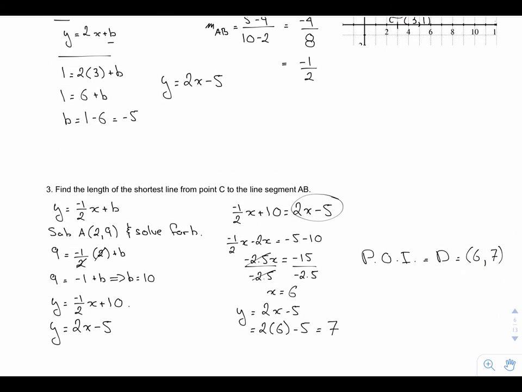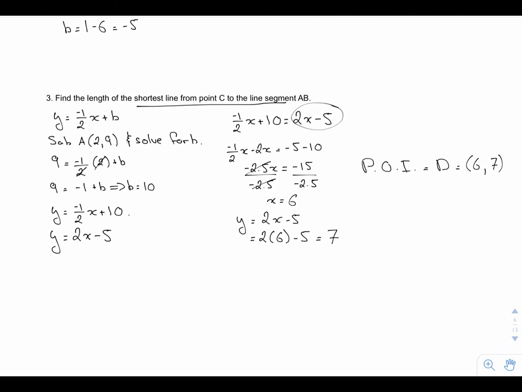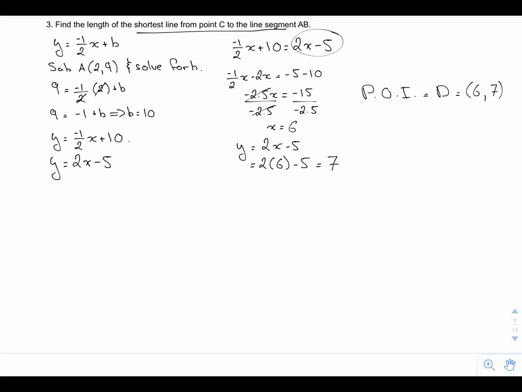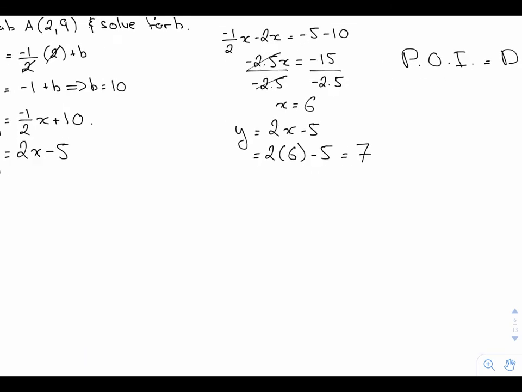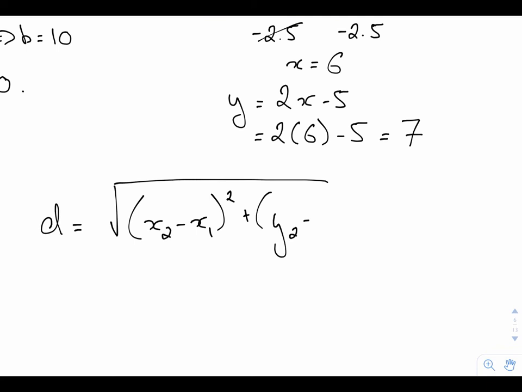So I have 2 points. I have my point C and I have my point D. The final step is to find the length of the line segment, the shortest distance from point C to AB. That requires that I use the distance formula. If you recall, the distance formula looks like the square root of x2 minus x1 squared plus y2 minus y1 squared.